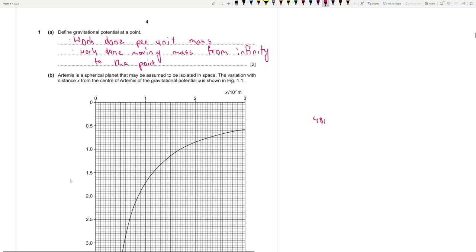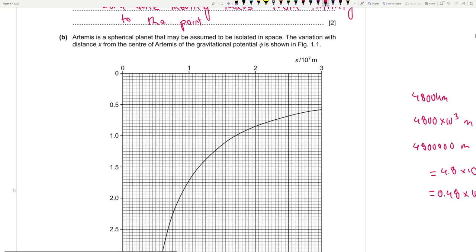So what is 4,800 km? It's basically 4800 times 10 to the power 3, or 4,800,000 meters, which is 4.8 times 10 to the power 6 meters, or 0.48 times 10 to the power 7 meters. So you had to find 0.48 over here.